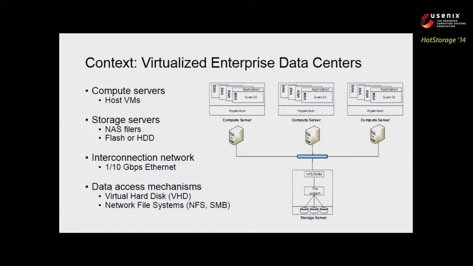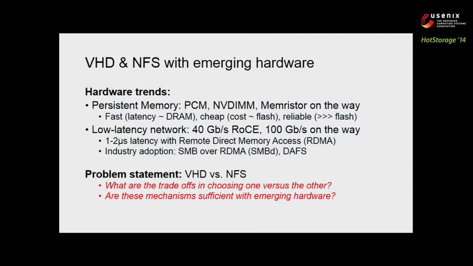On the contrary, for the network file system, applications are explicitly aware of the fact that storage resources are remote and access them through a network file system client within the guest OS. And typically files are stored not within a single file within the storage server, but as a set of files. Typical representations of these protocols are NFS or SMB.